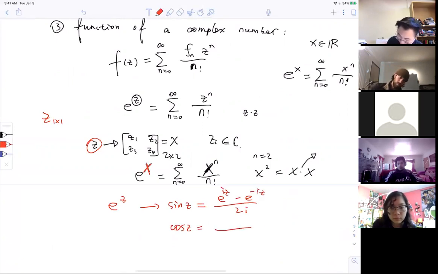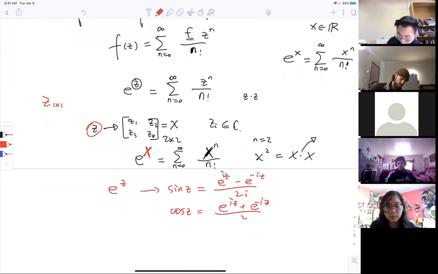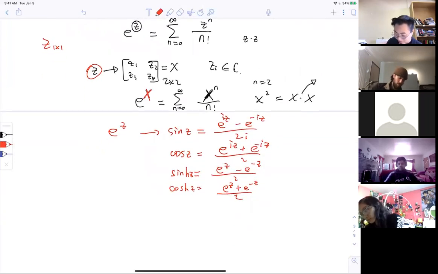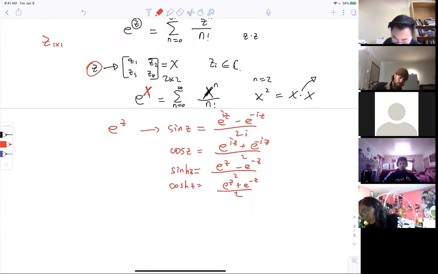Cosine z is something like this, with plus and minus iz over 2. And we can also define sinh and cosh. I actually don't remember exactly. I think it's something like this. Whatever, you need to double check. I'm not sure about this.